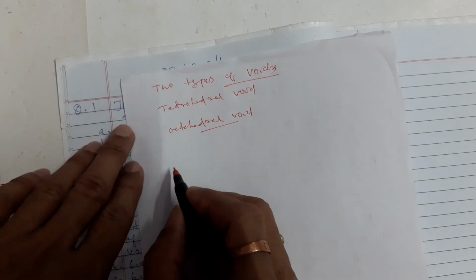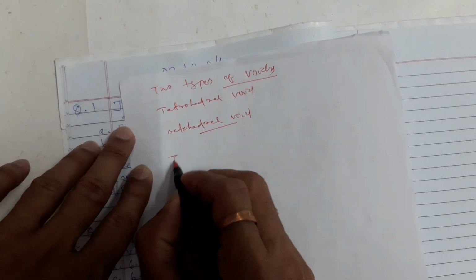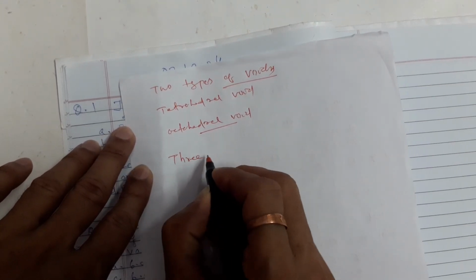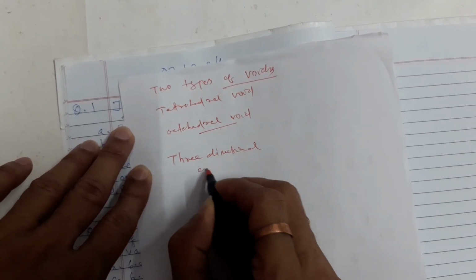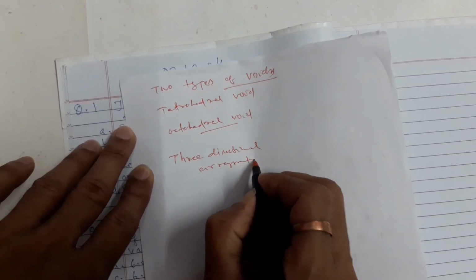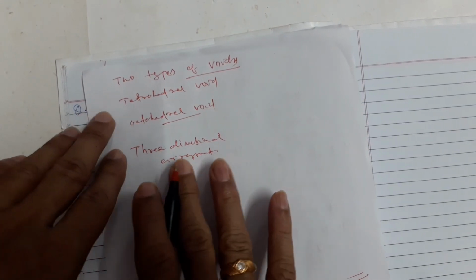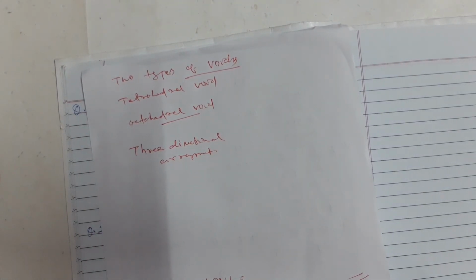How are these obtained? By the three-dimensional arrangement. I will show you one diagram. By observing this diagram, you can understand clearly.